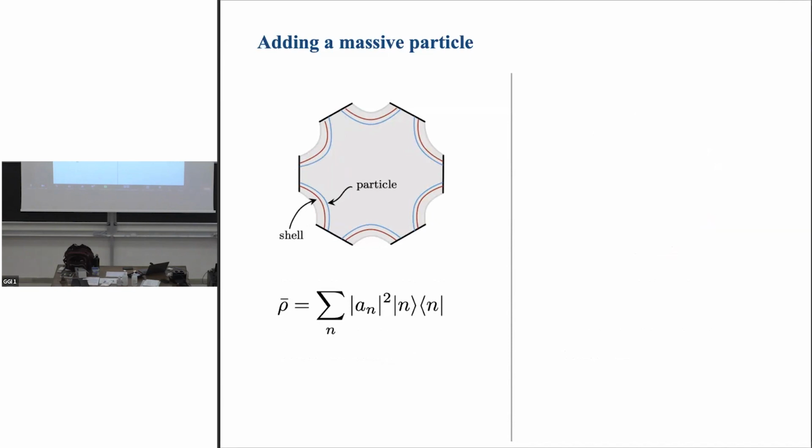It will go through the wormhole. So now instead of having the boundaries joined just by a thin shell, they're joined by a thin shell and by a probe particle. So there's really no difference here. You just absorb that into the definition of the shell. And so in that case, you end up getting the same formula at the end of the day, which is a diagonal projection of that density matrix.